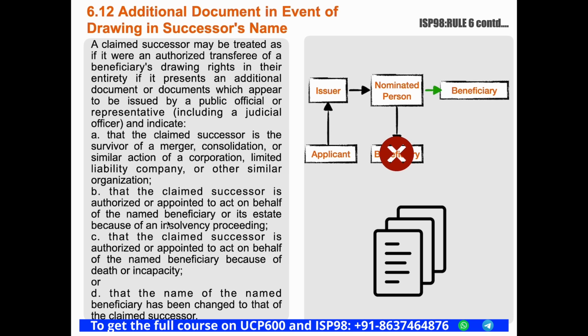These are all indicative examples and reality can be anything. That is why here it is simply mentioned documents which appear to be issued by a public official or representative, including a judicial officer. If any document issued by any of these parties as listed here evidences this person is the successor of the beneficiary, then such document can be considered as a relevant document as per this rule, right?